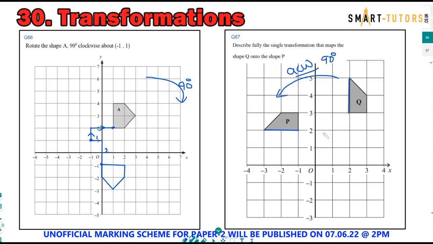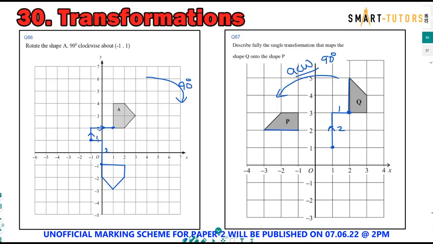Now my important problem is the center point. You need to find the center point where it's been rotated from. So let's say from this point. I'm just going to count the L shape from here to reach Q. The point I am referring to is 2 to the up, 1 to the right.